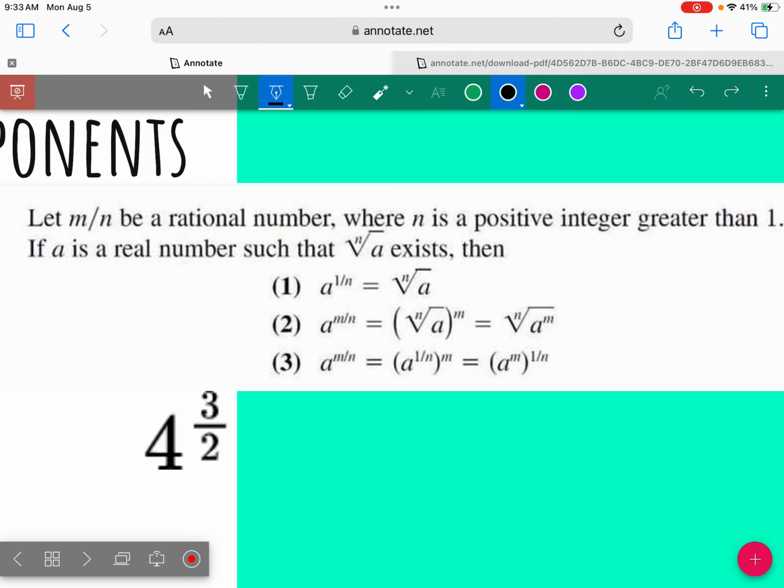We can have negative pieces, but we're not taking specifically negative denominators. And all it is, when we have an exponent that has a fraction in it, the top is still a power, so the numerator is still a power. The denominator of the exponent is your index. So it takes our exponents and our roots and smashes them together into one thing.